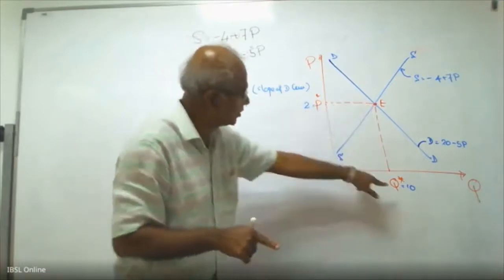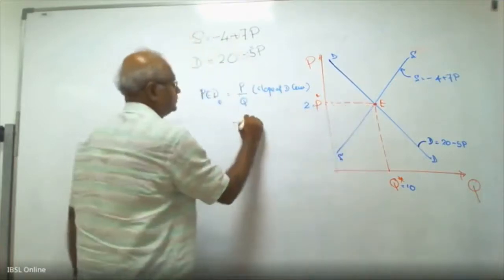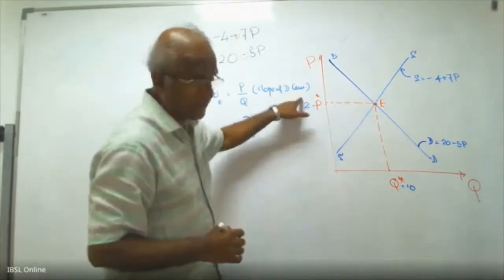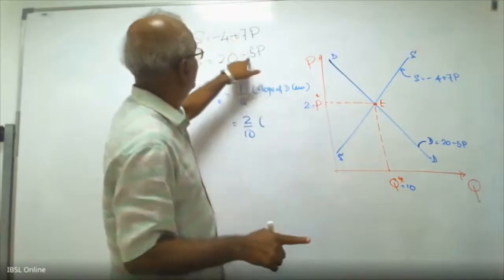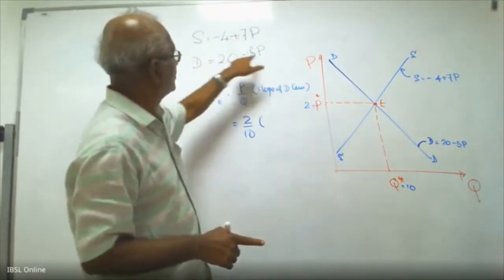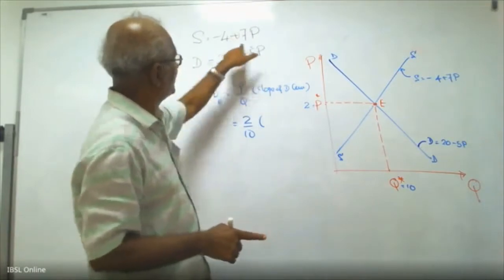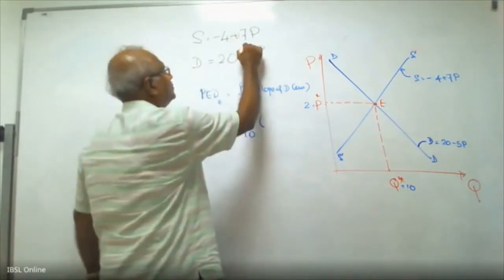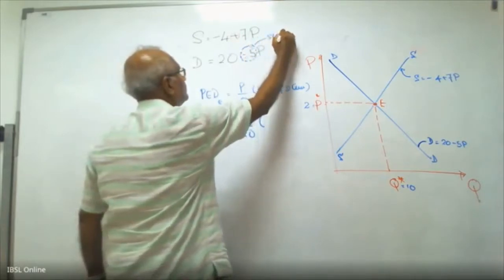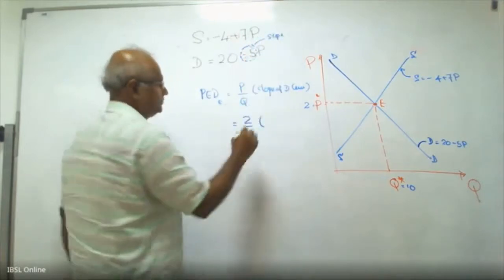Price 2, quantity 10. Slope of the demand curve, we take this, minus 5. The demand curve is this one. The slope of the demand curve is minus 5.